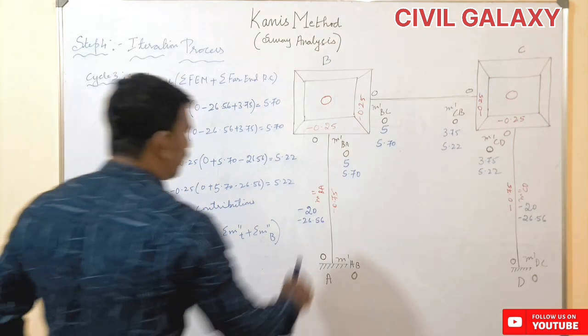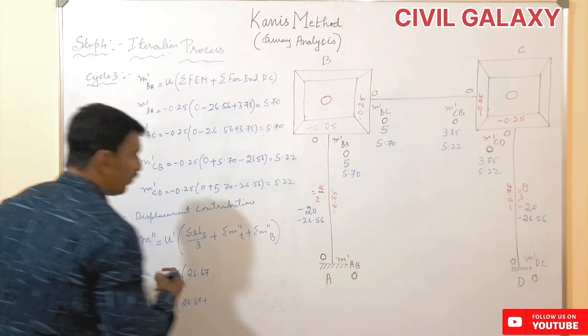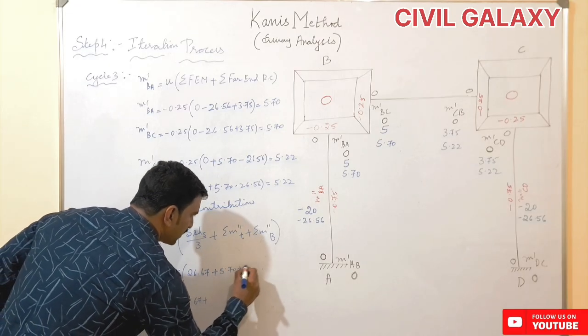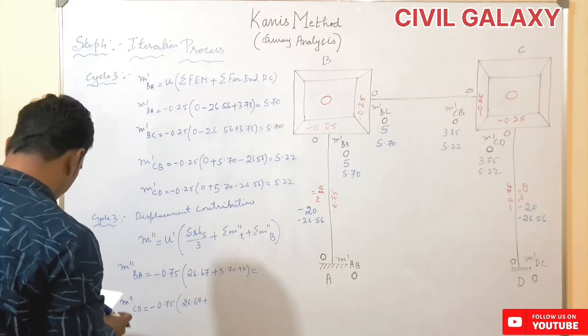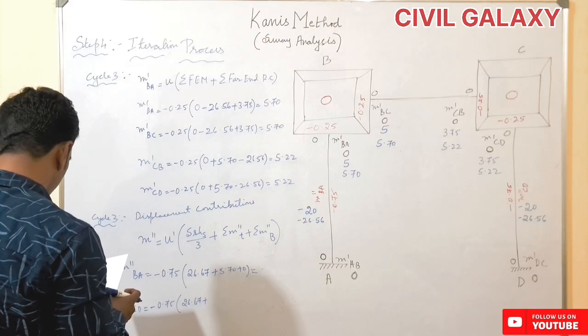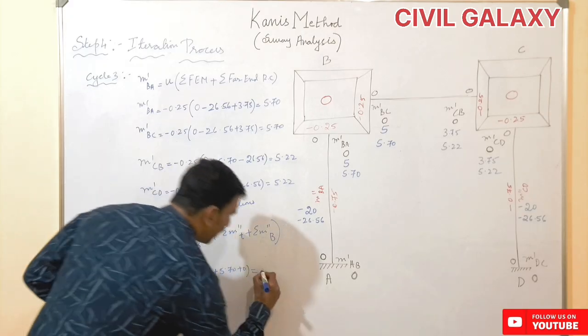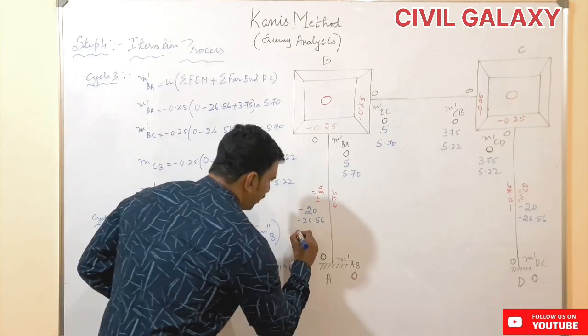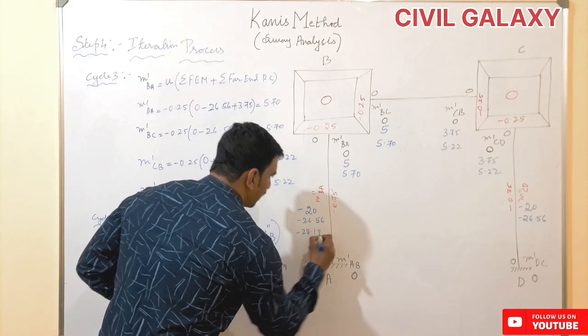The displacement contributions, here we are having a new value which is plus 5.70 plus 0. This will be equal to a value of minus 28.19. So this value we will write over here, minus 28.19.